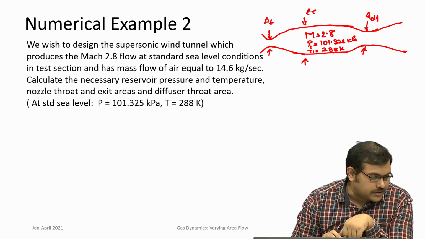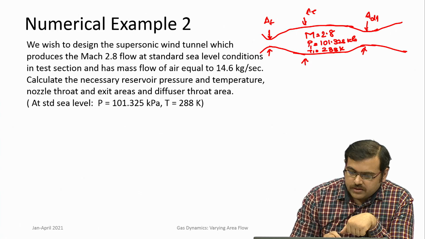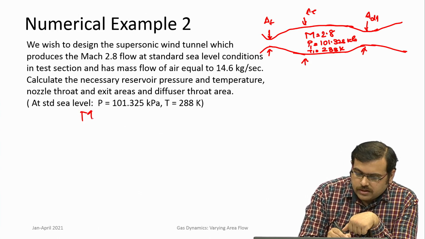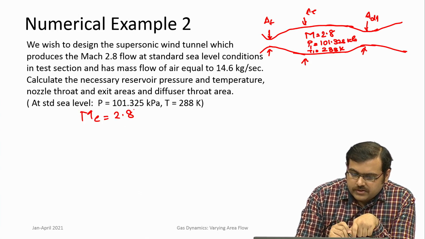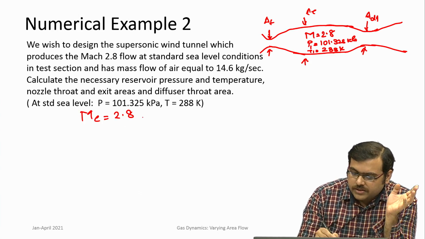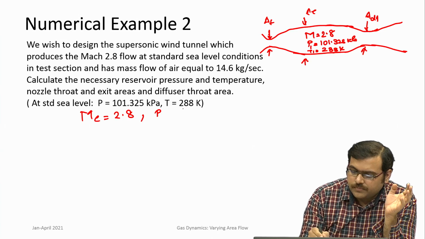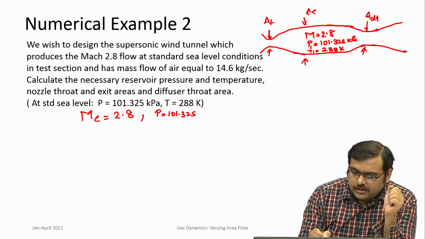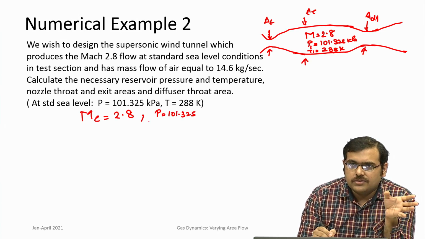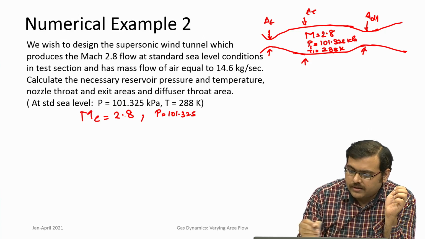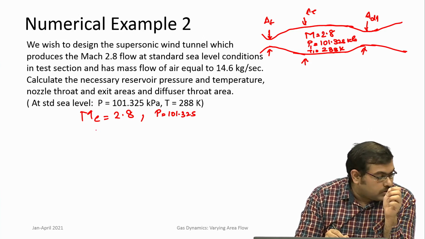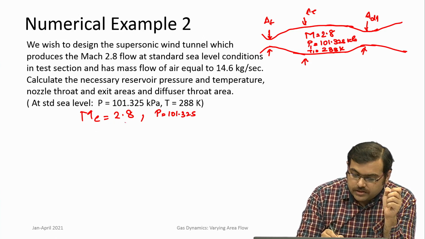So what is required? We know the wind tunnel Mach number 2.8. What should be reservoir pressure? We know pressure is 101.325. In ideal operating conditions Mach number is 2.8. So the pressure that should be given there at P naught is going to be corresponding to 2.8.